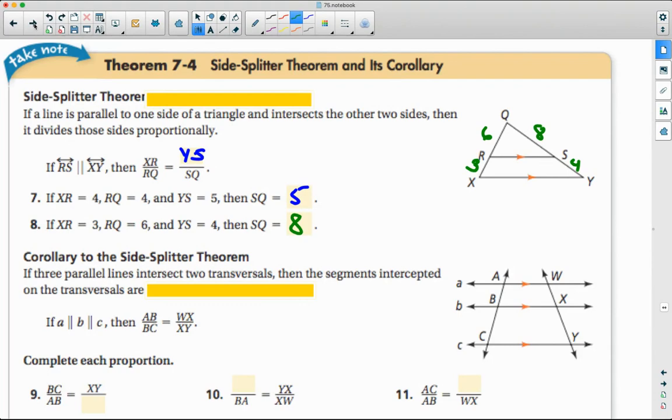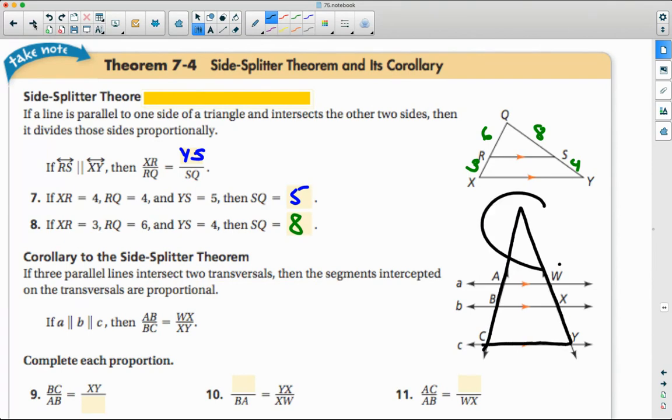Okay? The corollary to the side splitter theorem says if 3 parallel lines intersect 2 transversals, then the segments intercepted on the transversals are proportional. So now, instead of this figure finishing up here to make a triangle, I just have the sides of the triangle that haven't come together yet. That's how you could think of it.